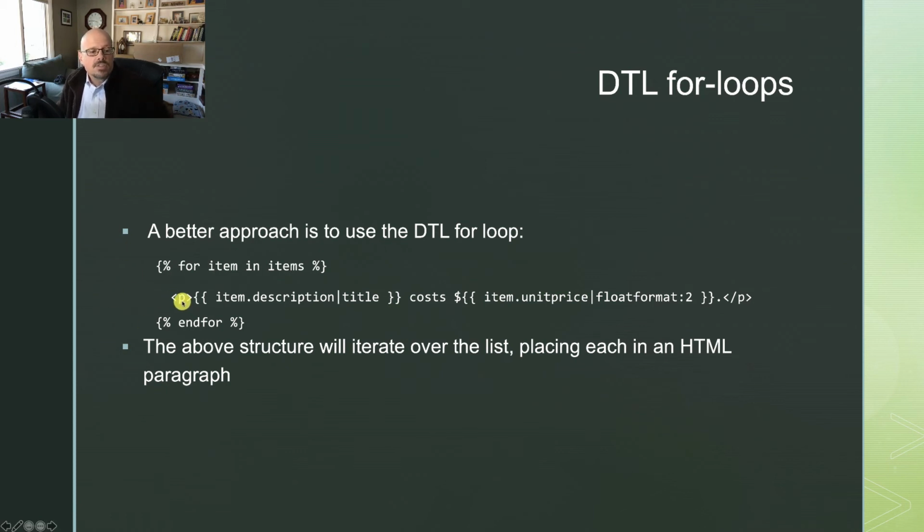In the paragraph, we can refer to item.description with the title filter, that'll capitalize the first letters. For cost, we can put a $ in front, then item.unit_price, and we use float format to round to 2. This will iterate over the list. If we have 100 products in our database, it will generate 100 paragraphs. However many items we have in our database, that's how many paragraphs will be generated.